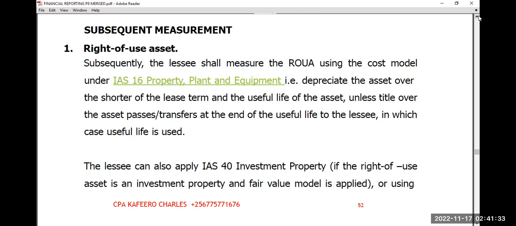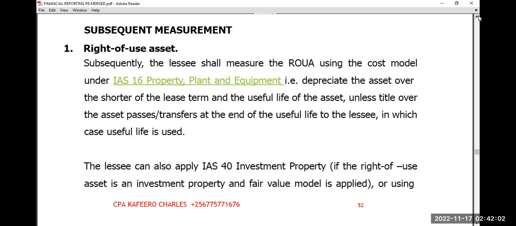But if the person is going to acquire the asset at the end of the lease term, then we don't care about the shorter of the two. We just take the useful life of the asset. That's basically one of the ways we can subsequently measure or account for the right of use asset.